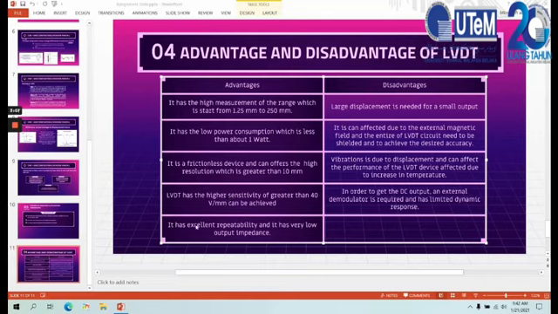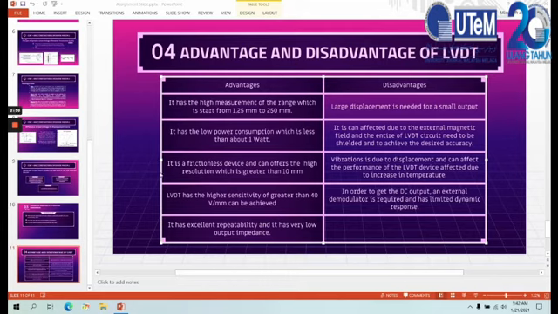And lastly, for the advantages of LVDT, it has excellent repeatability and a very low output impedance. It has excellent repeatability, if you do some research, and it has a low output impedance.